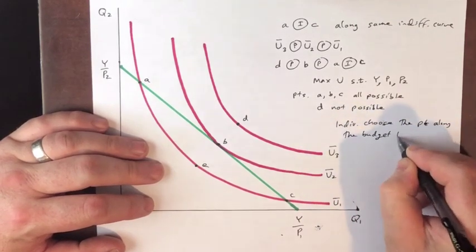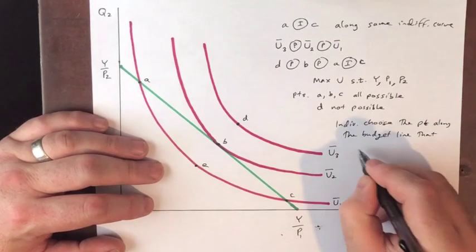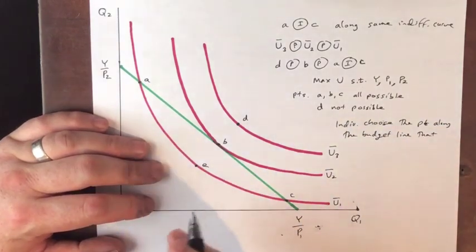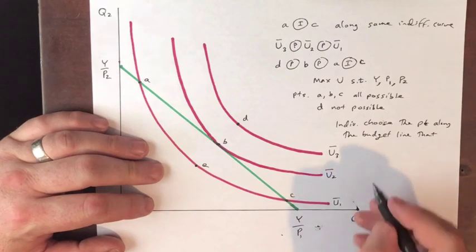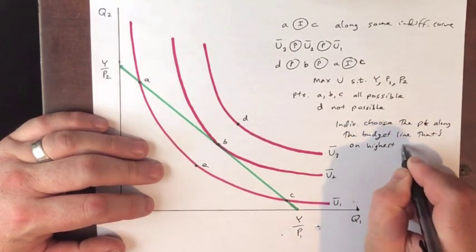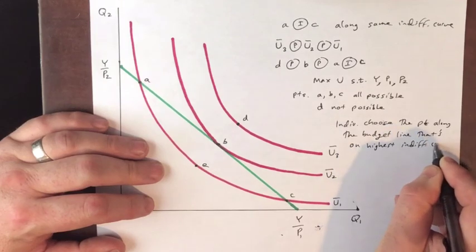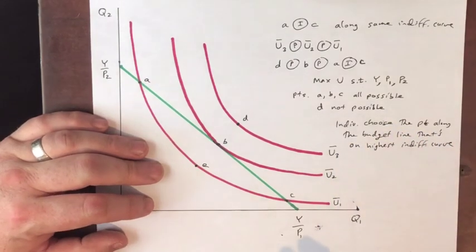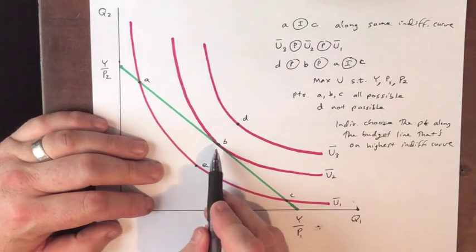You choose the point along the budget line that results in the highest possible indifference curve. Okay, so that's on the highest indifference curve that they can possibly get to. All right, and that is point B.